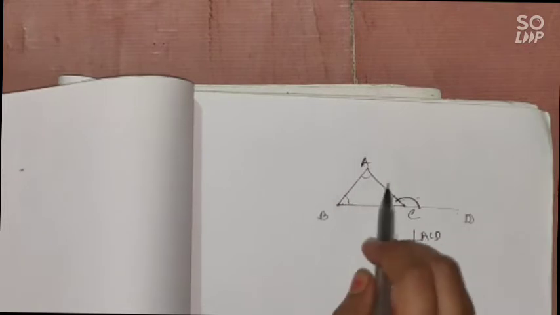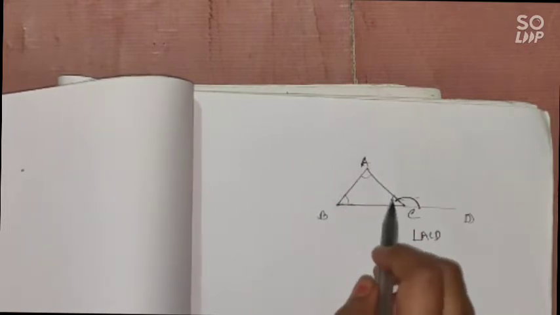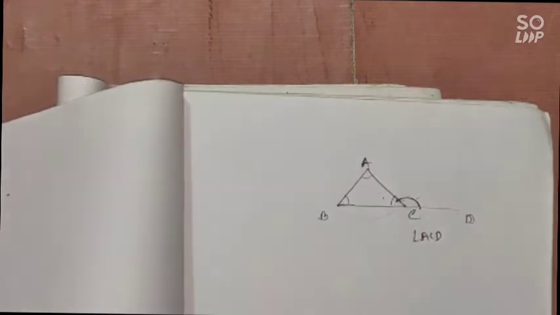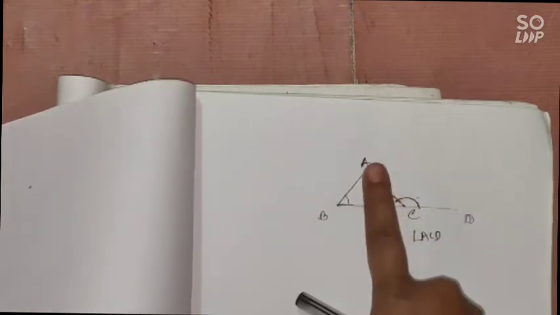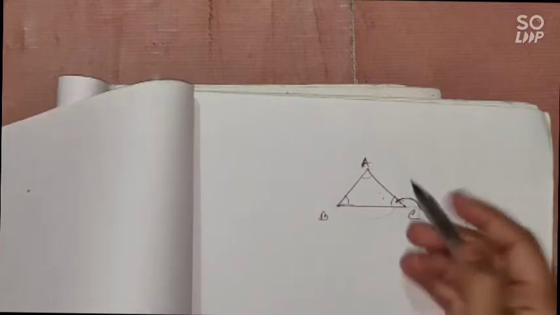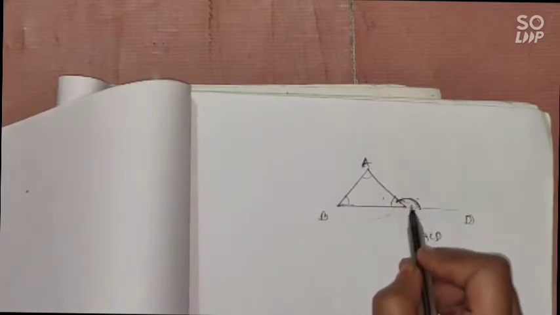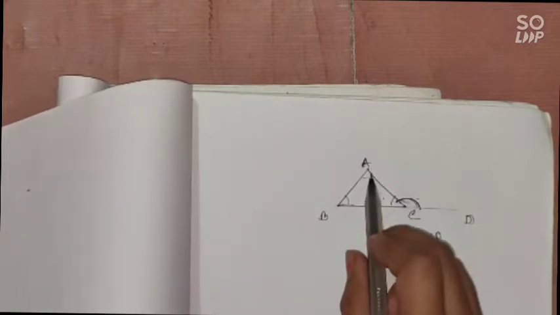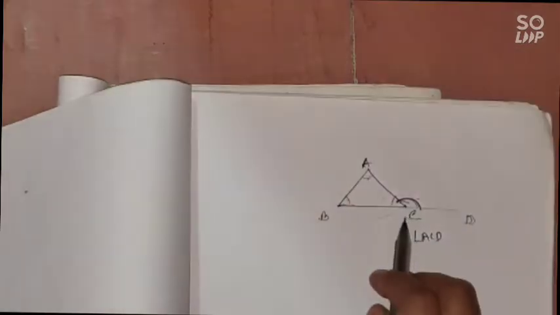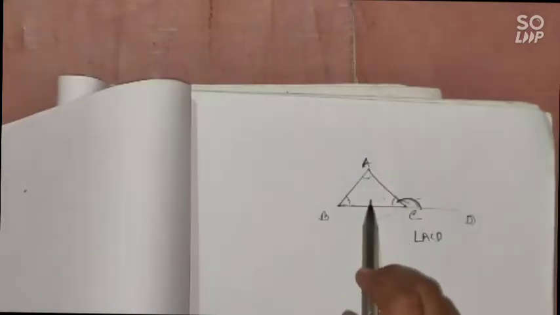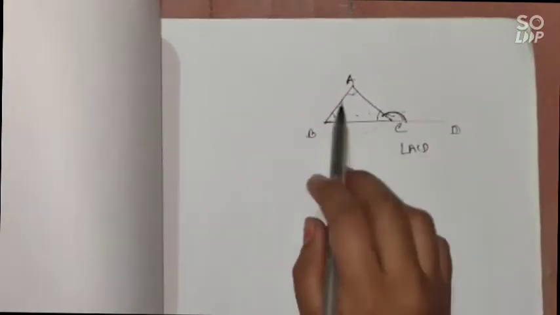But the exterior angle has two opposite interior angles, this and this: angle CAB and angle ABC.